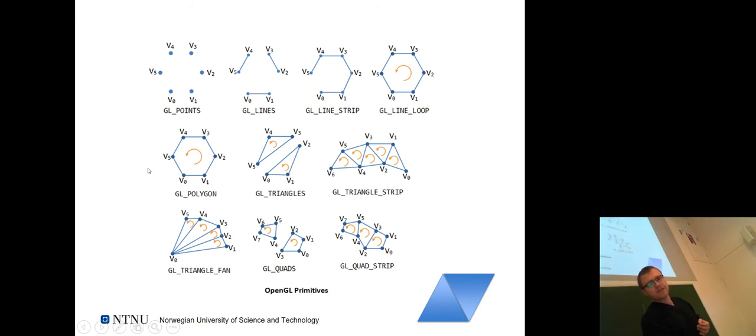Those are primitives built into the graphics framework that allow you to specify how different vertices should be combined, right? Do they represent a continuous line, or a surface or polygon as shown here, which is closed, whereas those lines are open? That would just be a representation of a line.